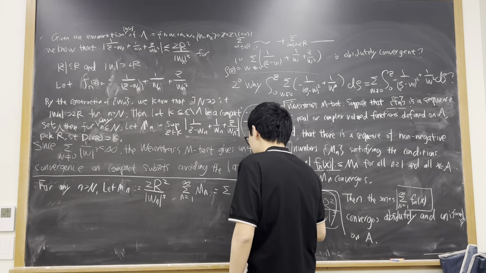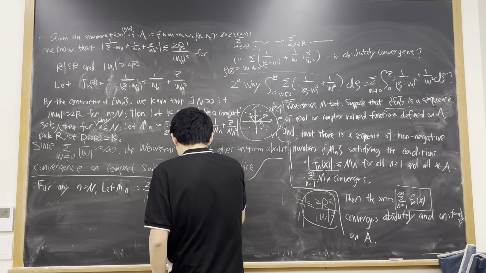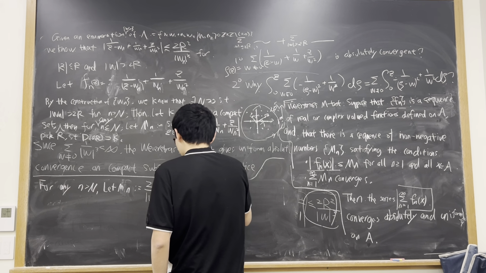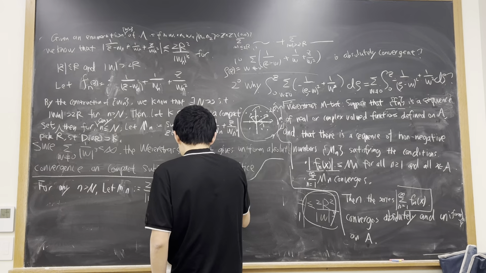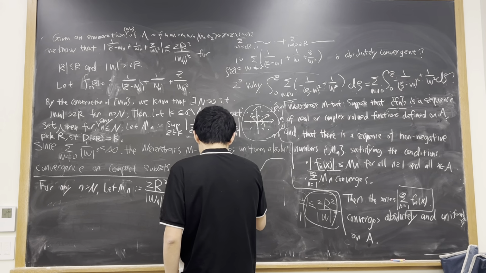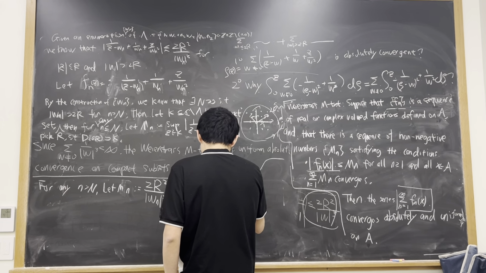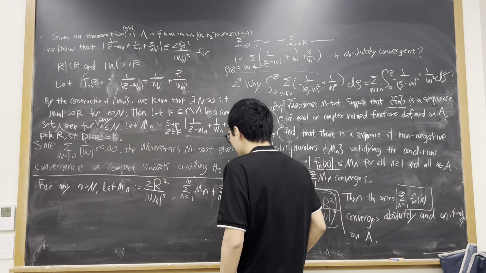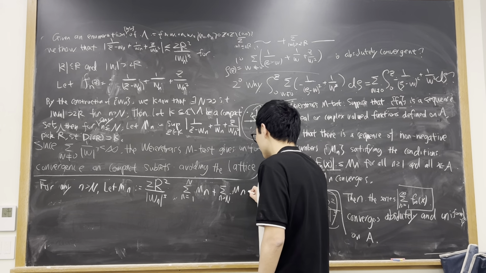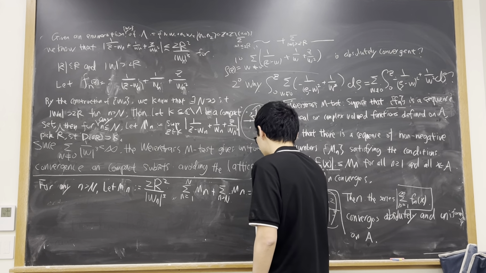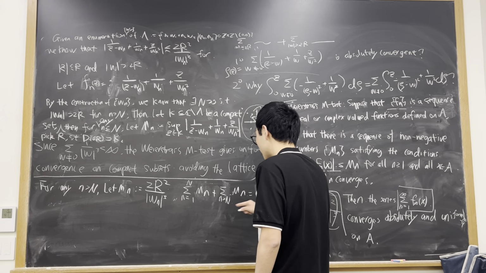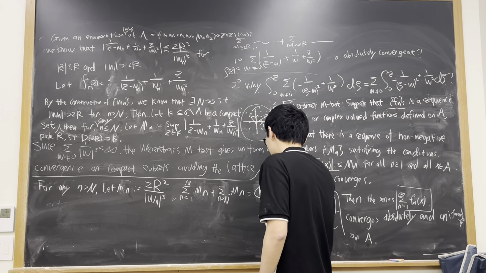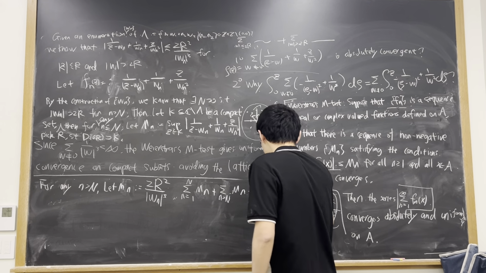So maybe I should write this. So first, for the finite sum, and then plus the infinite sums. Because this is a finite number, I call it C, and then this is the sum of this guy.